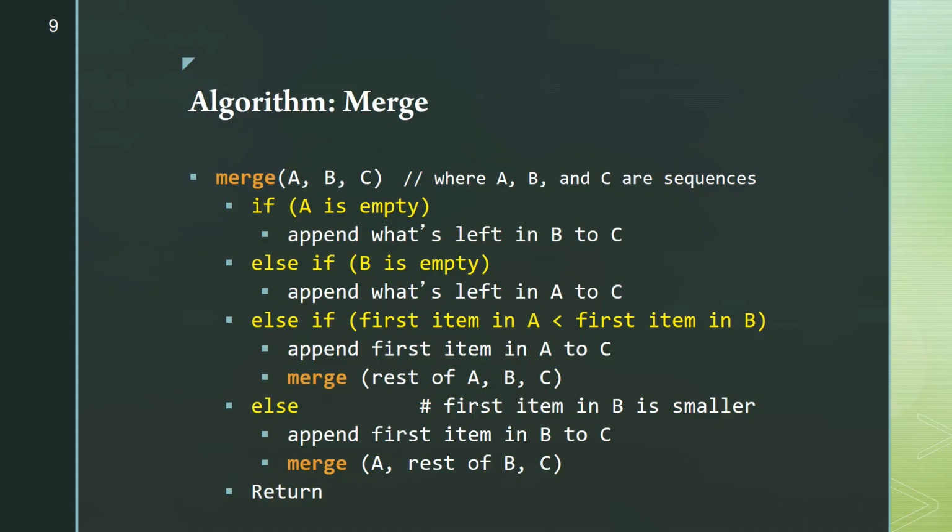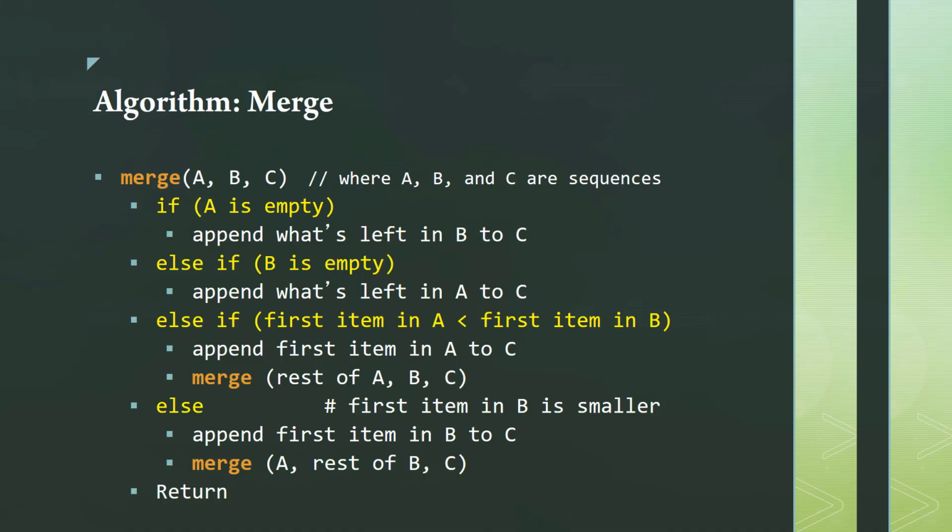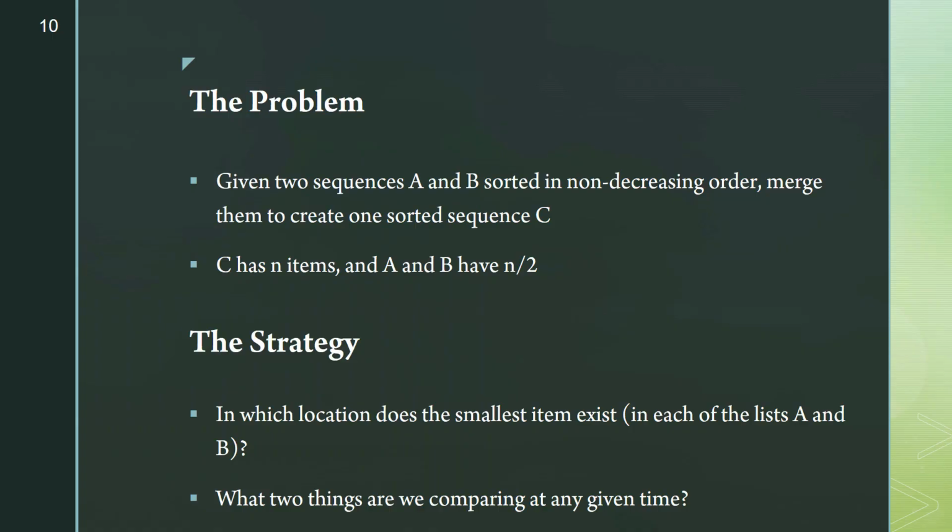Why are we talking about the first element? Let's remind ourselves of the problem. Given two sequences A and B, sorted in non-decreasing order, merge them to create one sorted sequence, C. In which location does the smallest item exist in each of these lists A and B, remembering that they're sorted?